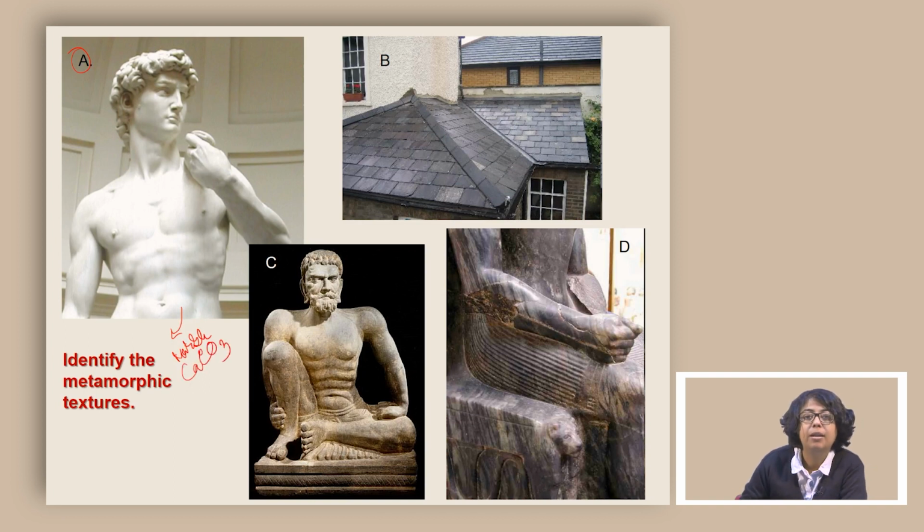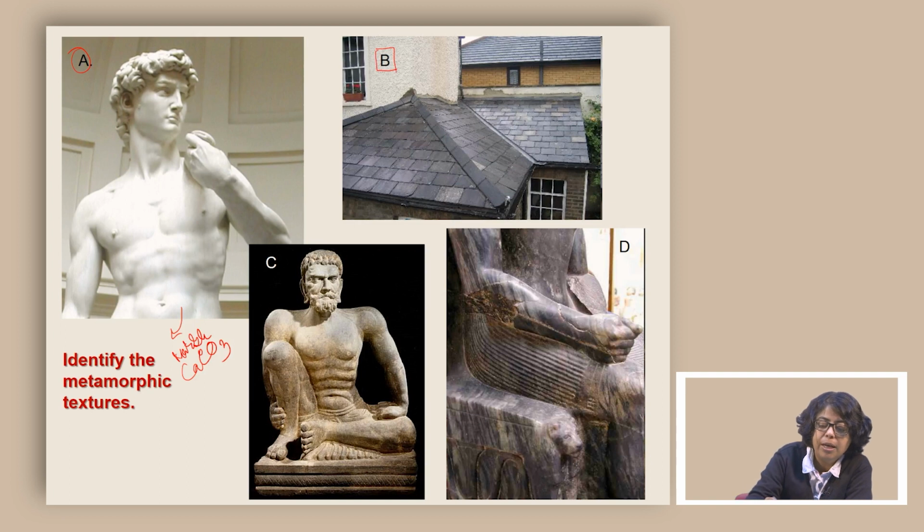So, when limestone gets metamorphosed, it produces a pattern which does not show any foliation. It's primarily created by heat, and this kind of metamorphism will create a marble, which is a non-foliated metamorphic rock.